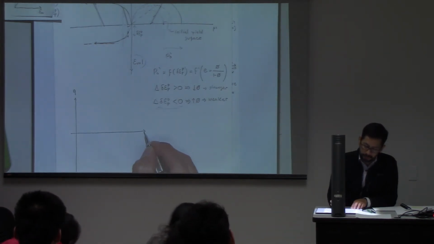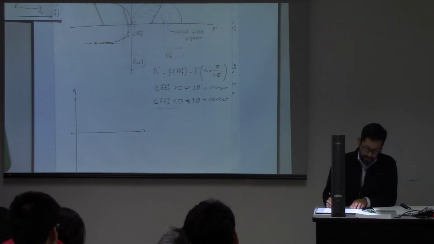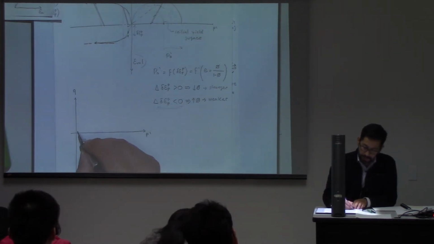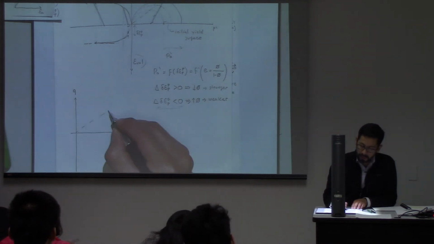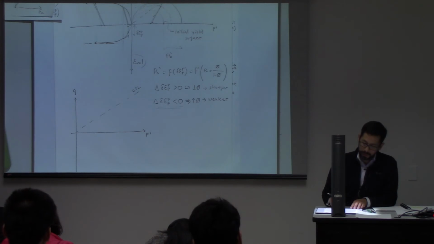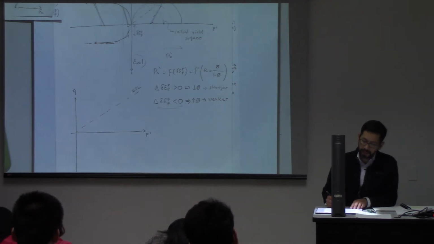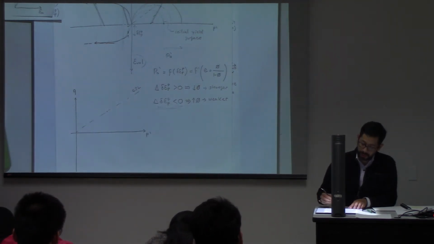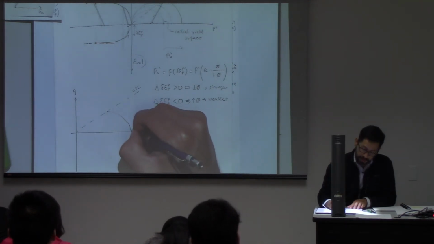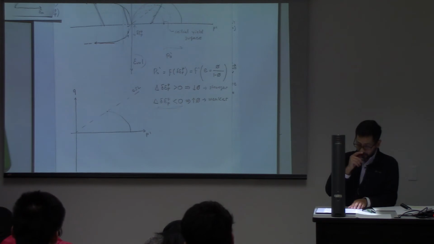Let me plot here deviatoric stress, mean stress, critical state line, and again, I'm just going to consider the wet side, and I'm going to have a yield surface like this one.